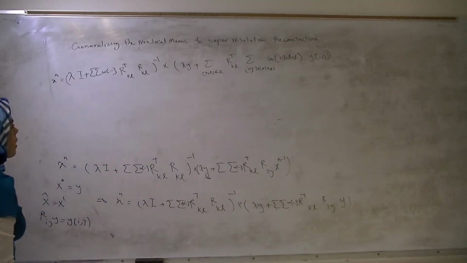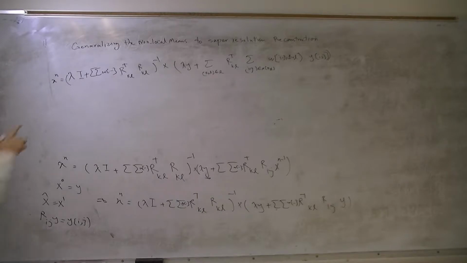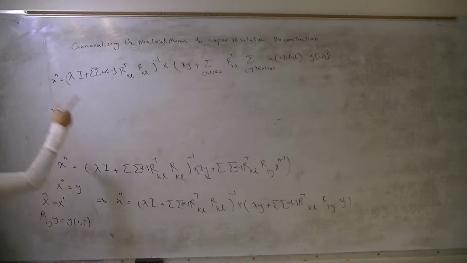So from here, for defining each of the pixels of the x, I can do exactly the same as the first formula that I wrote for the denoising.